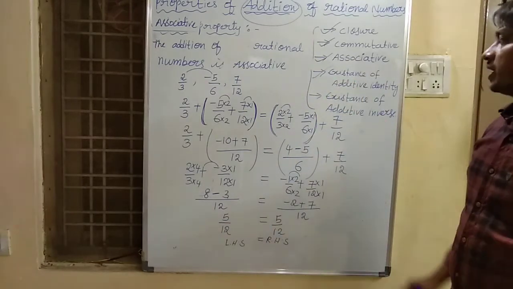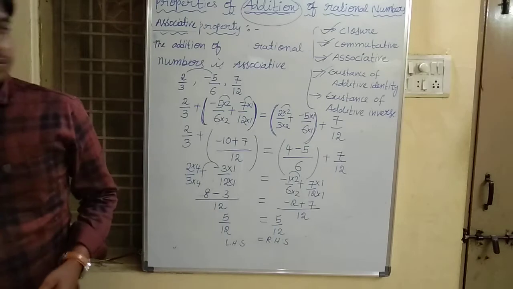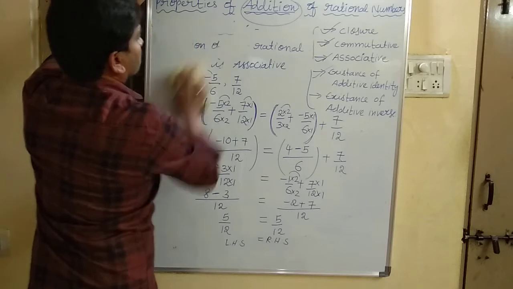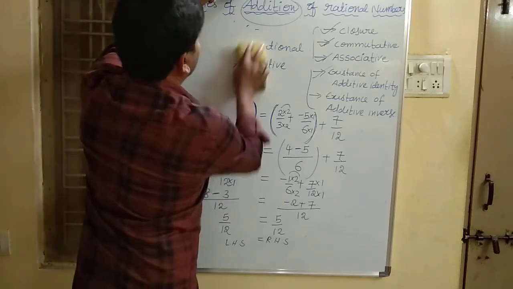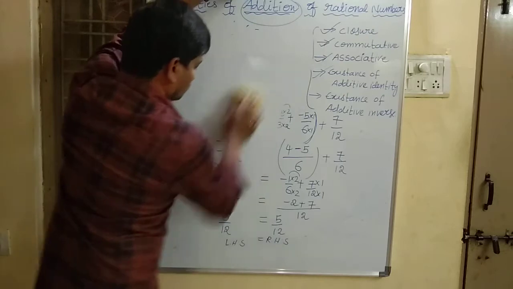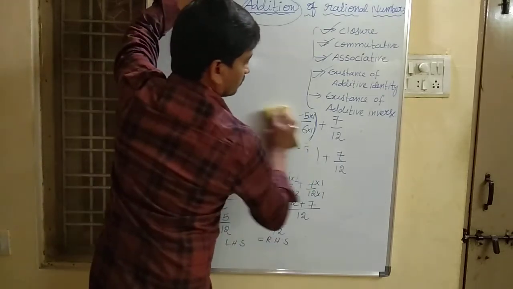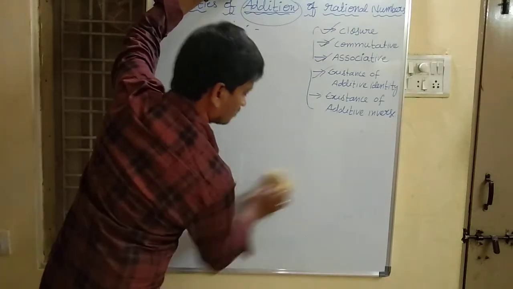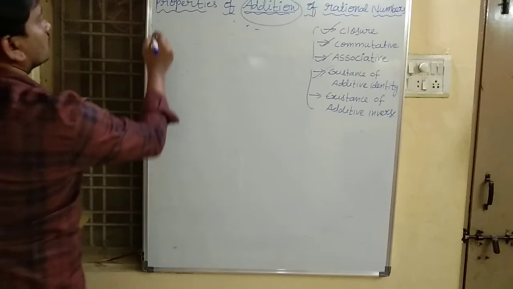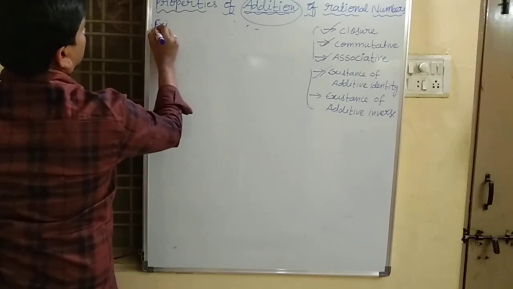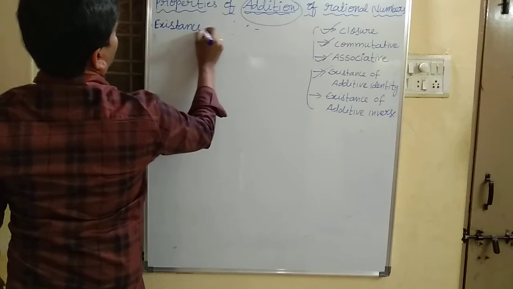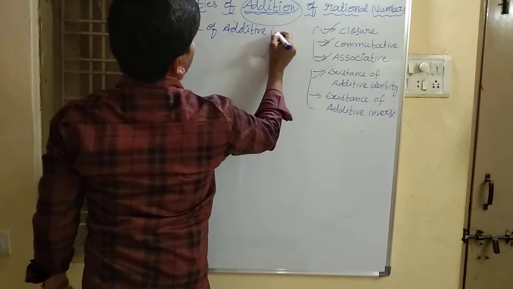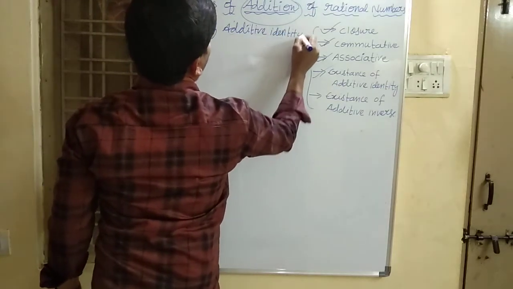And the next one is existence of additive identity.